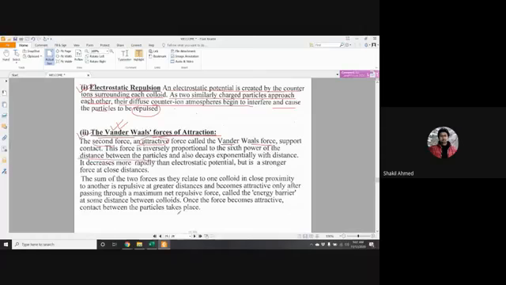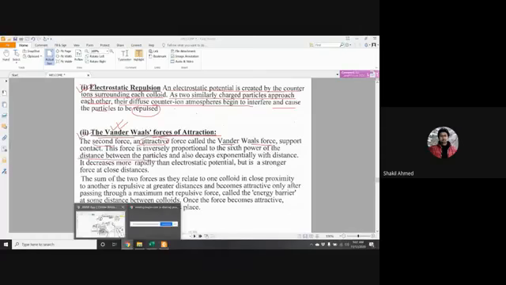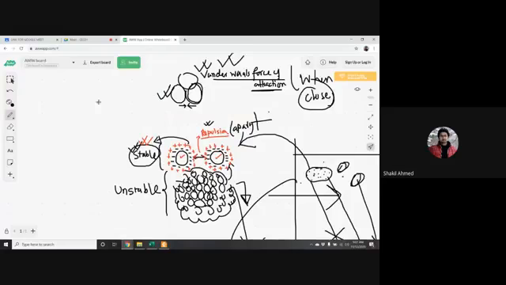Did you see? Sixth power of the distance. That means the smaller the distance, the higher the van der Waals force. Here the distance is high, right? The higher the distance, the smaller the van der Waals force. Clear? Yes, sir.